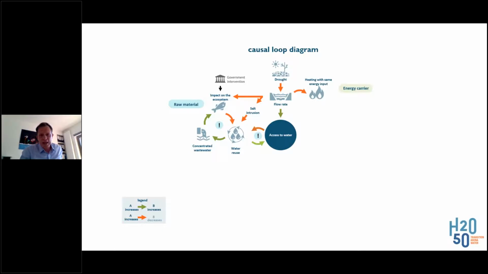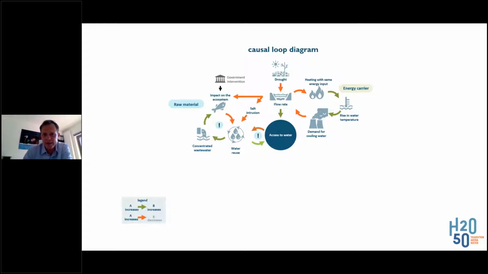Then we come to the energy system, where you see that when the flow rate decreases, your water will heat up much more quickly. So this means that the temperature in your river will rise, and the warmer your water is, the more cooling water you need for cooling your chemical processes, for energy companies, food companies, etc. A part of this water is discharged back, but also a part evaporates, which has an impact on the flow rate.